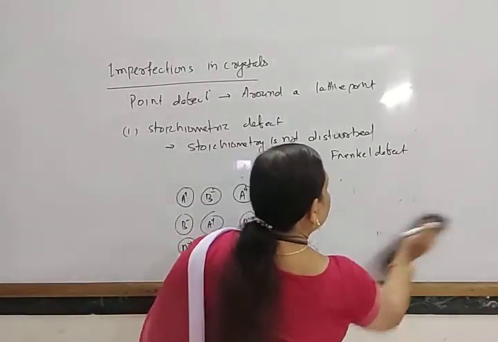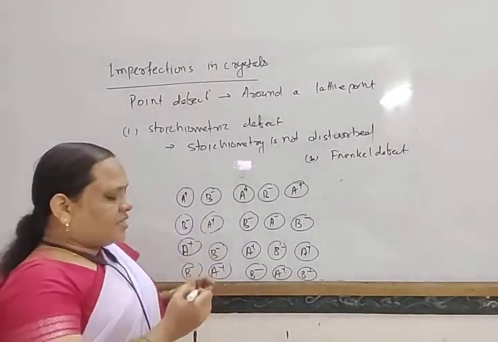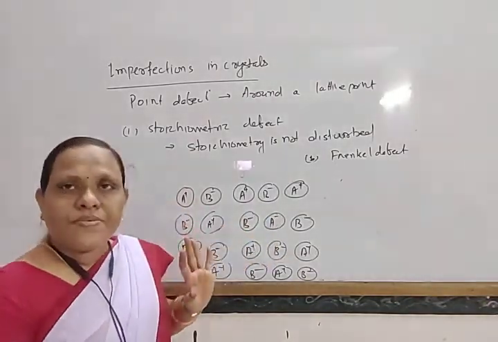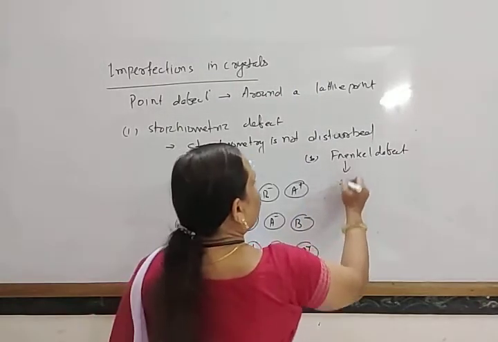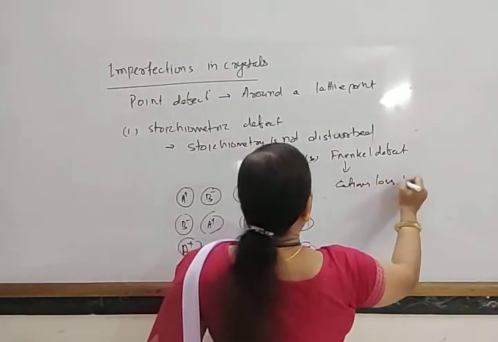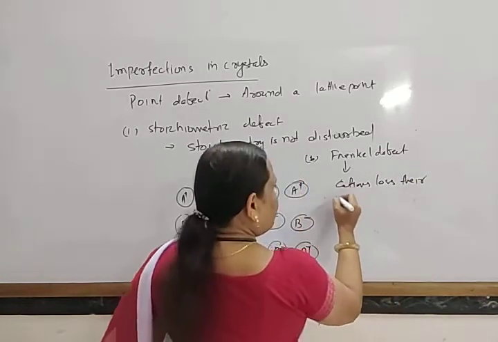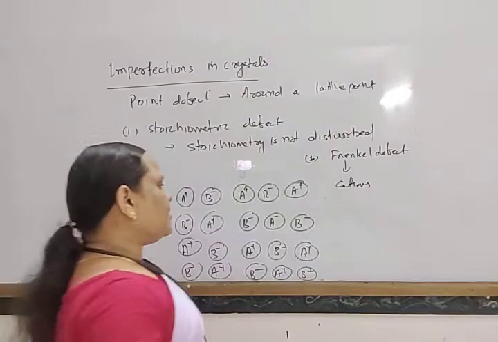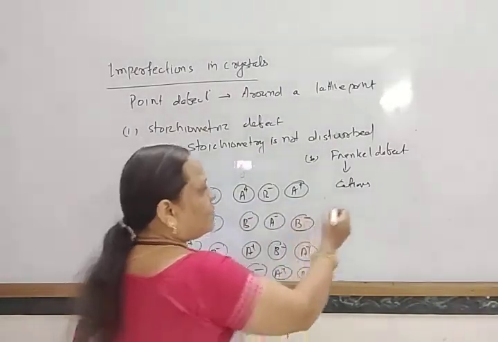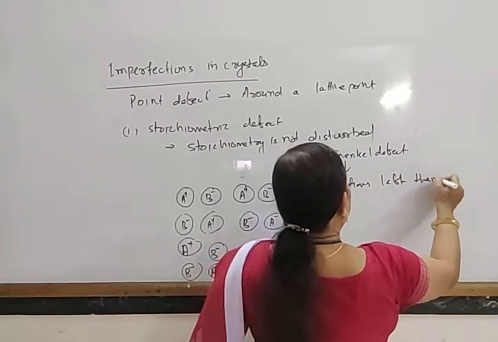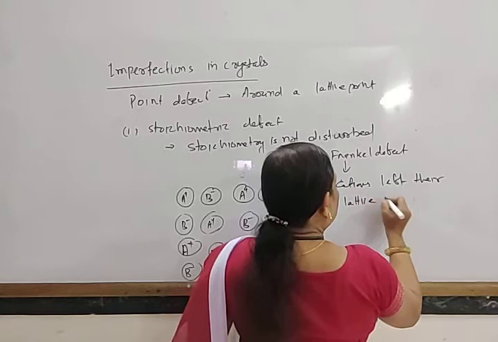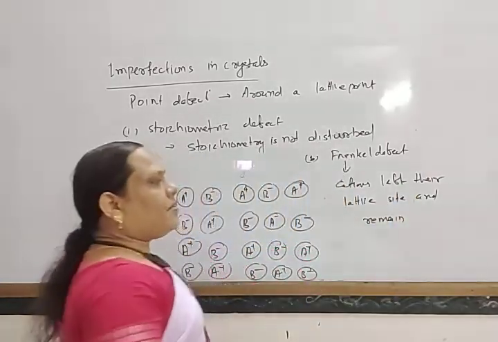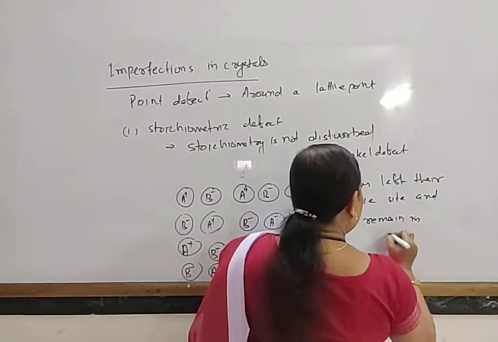In case of Frenkel defect, some cations leave the lattice sites and remain in interstitial positions.